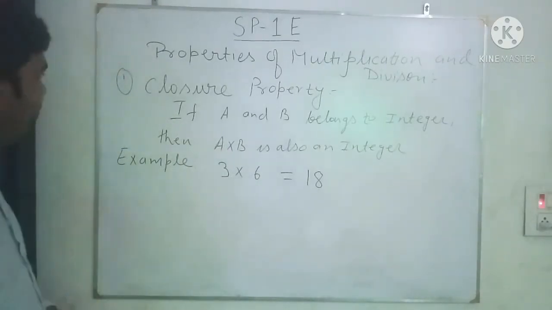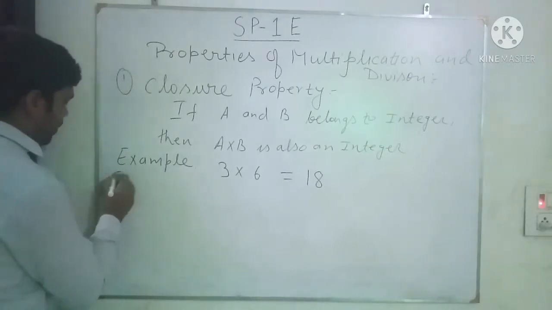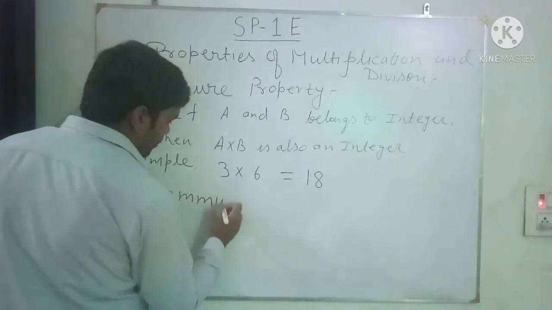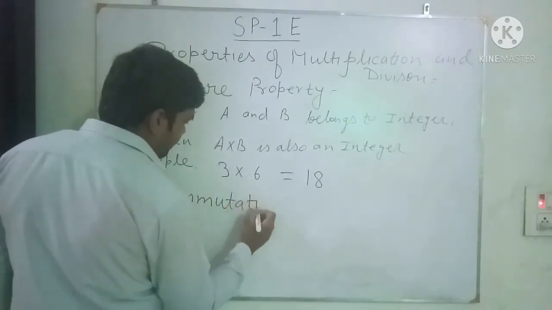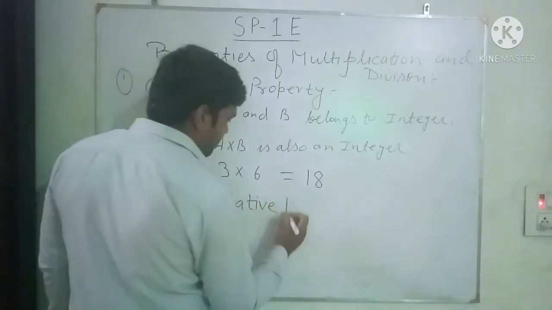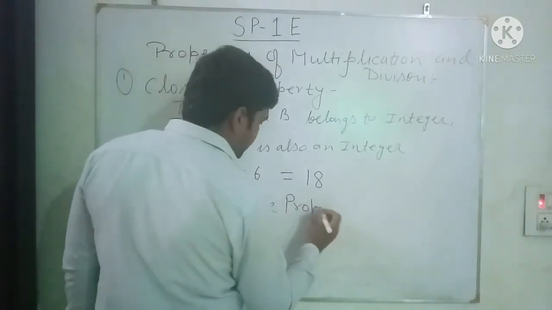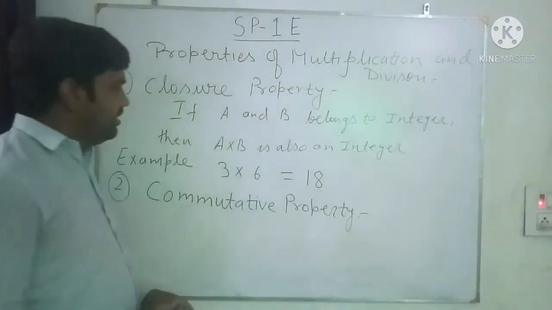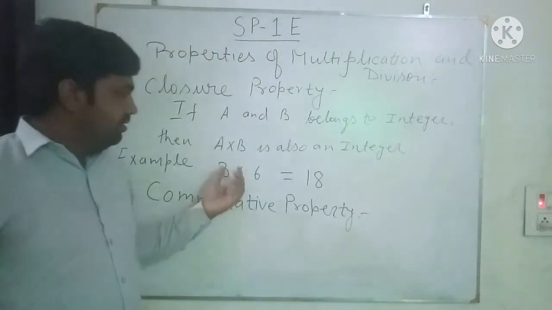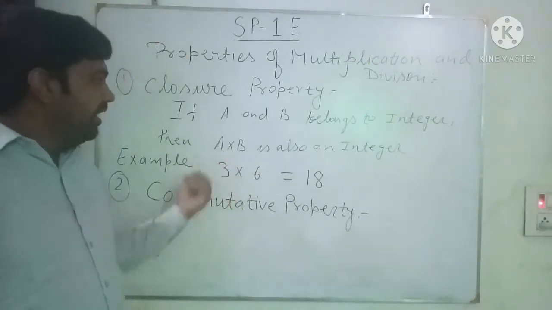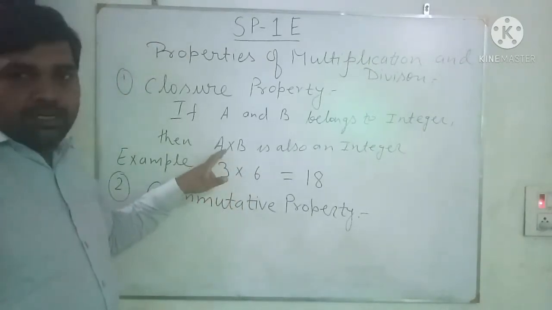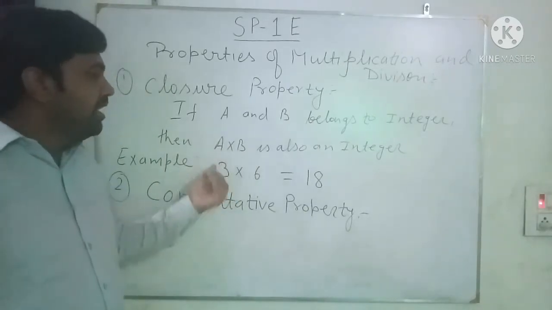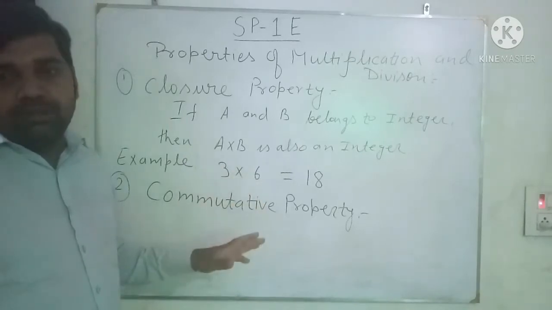Okay, next is the commutative property. The second property is the commutative property. It means if we change the order of the multiplicand and multiplier, here a is the multiplicand and b is the multiplier, then the product will not change.